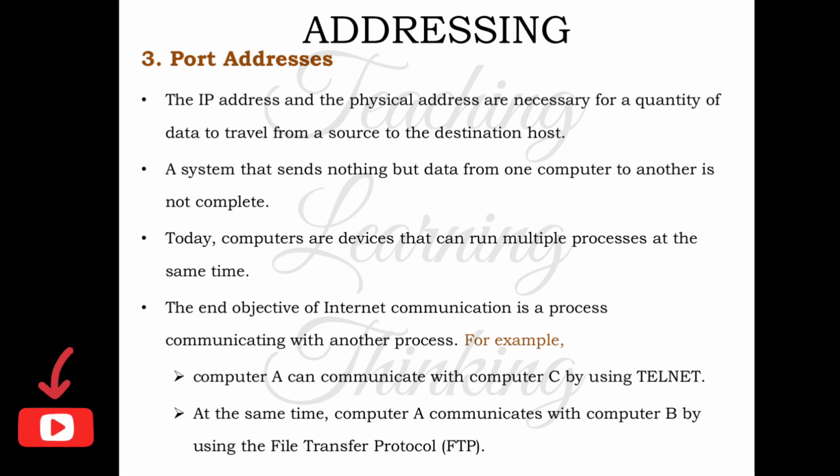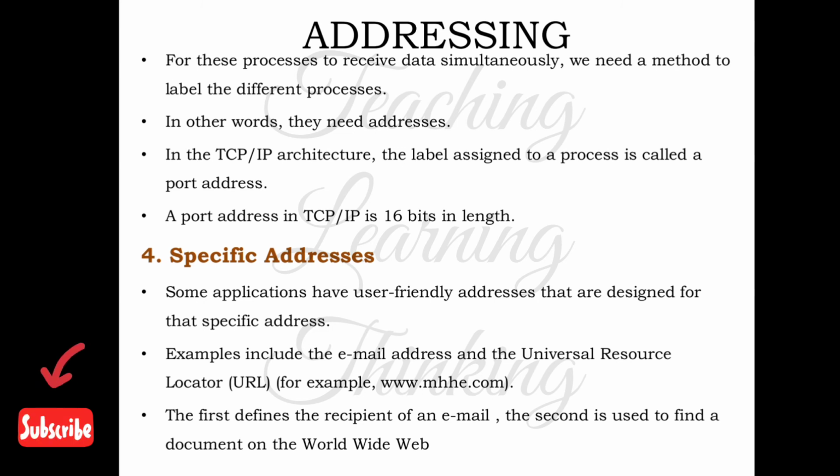For example, computer A can communicate with computer C by Telnet, a protocol used in TCP/IP, and at the same time computer A communicates with computer B by using FTP, the file transfer protocol. For these processes to receive data simultaneously, we need a method to label the different processes.